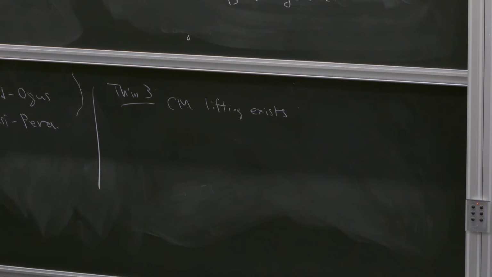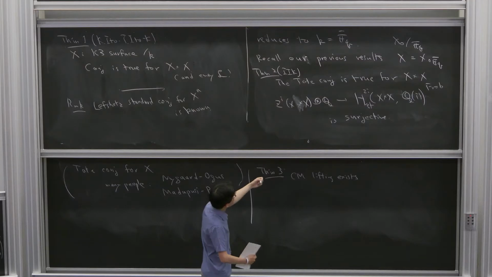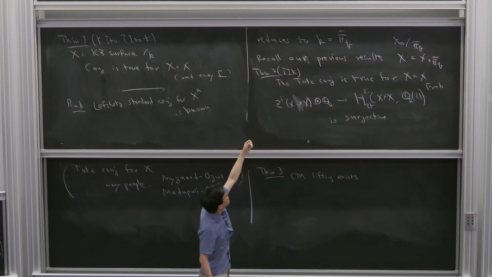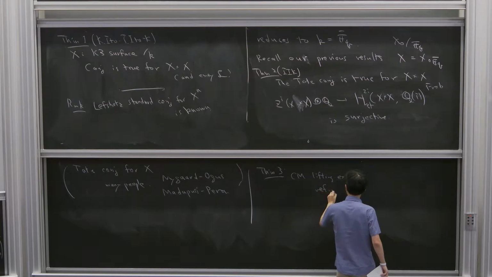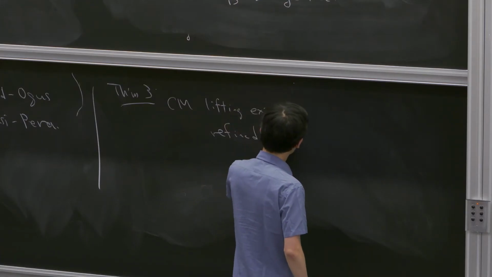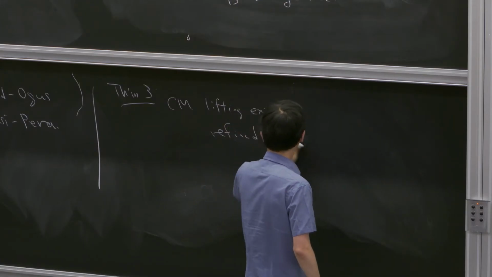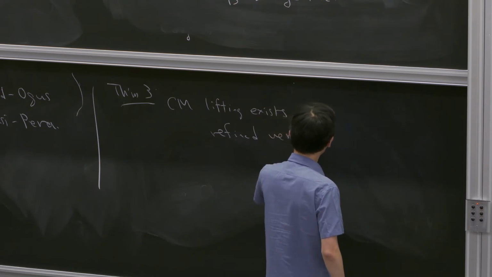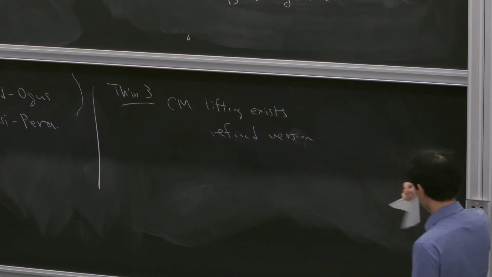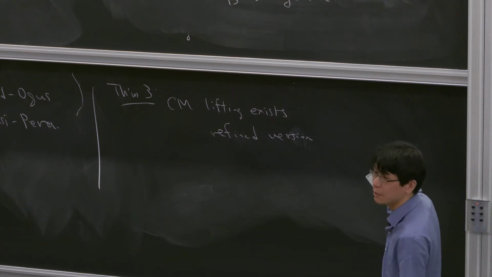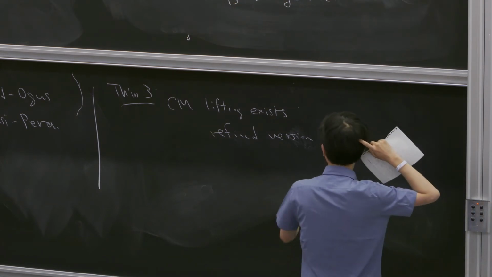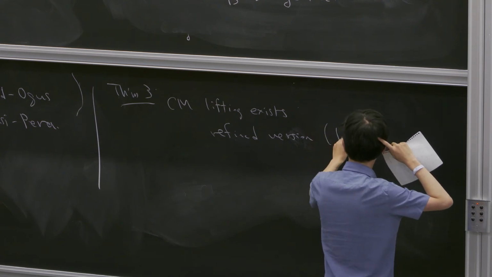But this is a bit weak, and not enough to prove theorem 2. And we proved a refined version. This refined version plays a key role in our proof of theorem 2 and also theorem 1. And I'll explain this later.